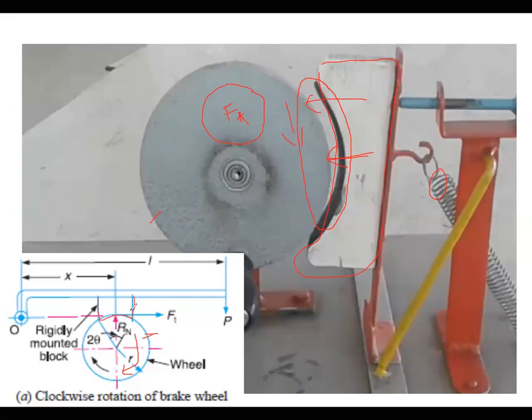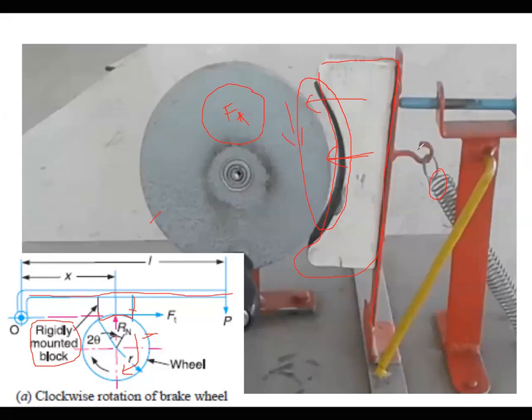This is called a shoe. You can see the rigidly mounted block here also. This is the total stand or frame mounted here.